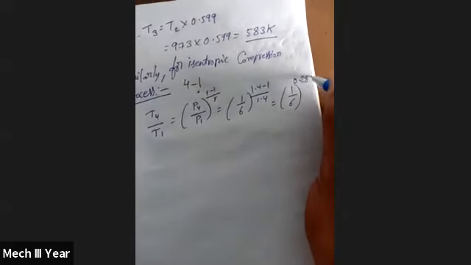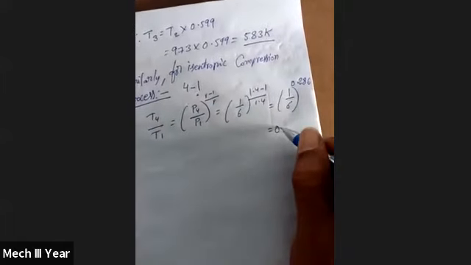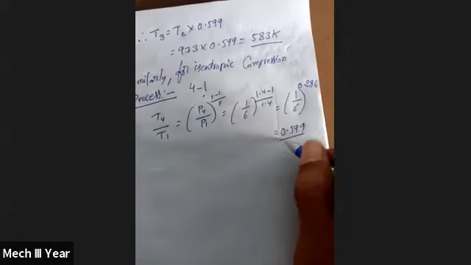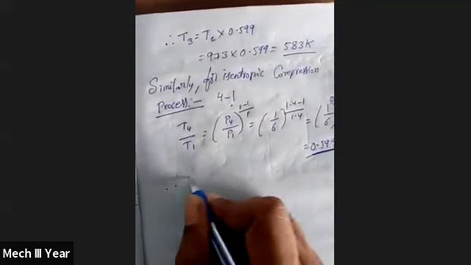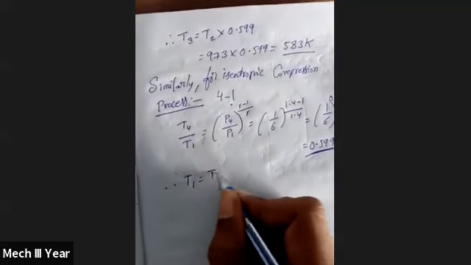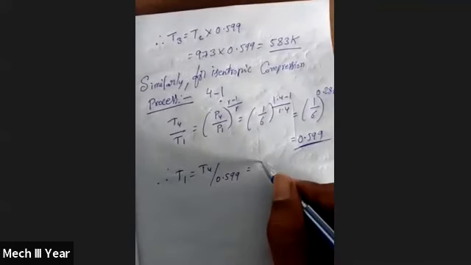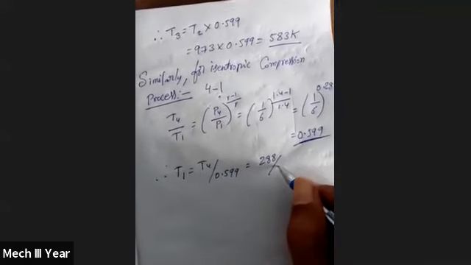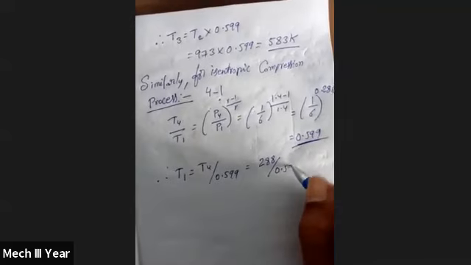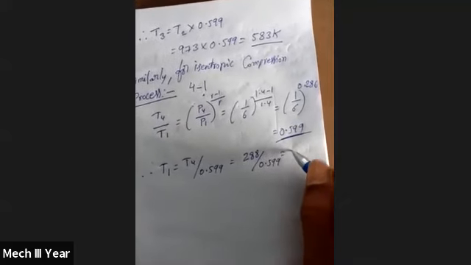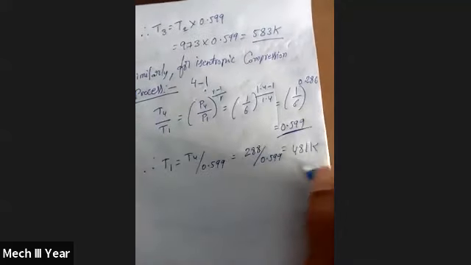We just calculate. Here also we get the value 0.599. So therefore T1 is equal to T4 divided by 0.599. T4 is given as 288. To solve this, we will get the answer here 481 Kelvin.